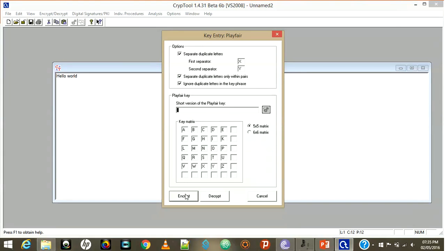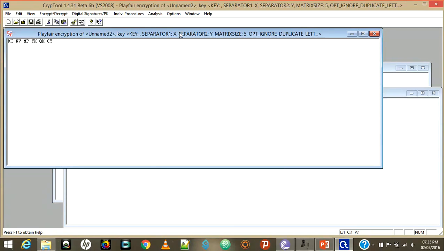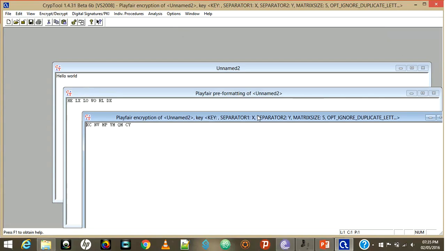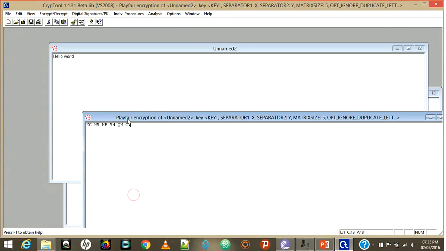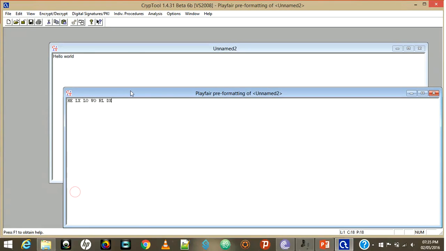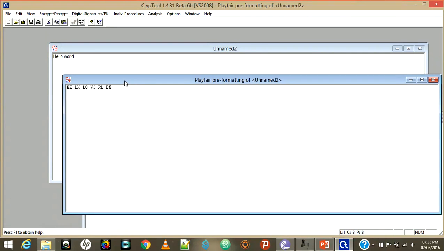Now we encrypt. After encryption, this is the plain text. Plain text is first converted by Playfair pre-formatting. Pre-formatting is, as I said, first dividing the given letters into pairs, that is HE, LX. Why LX?